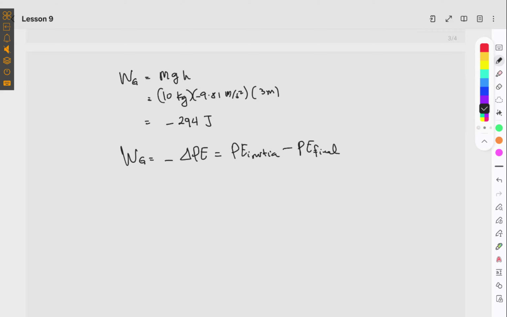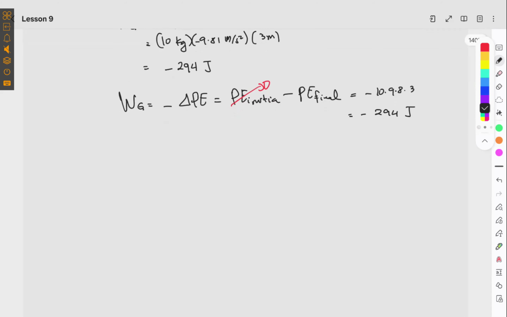You know that the initial potential energy is 0. That's why you have negative 10 times 9.8 times 3. That's why negative 294 joules. The same thing.